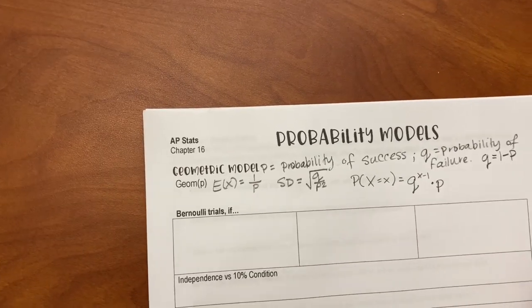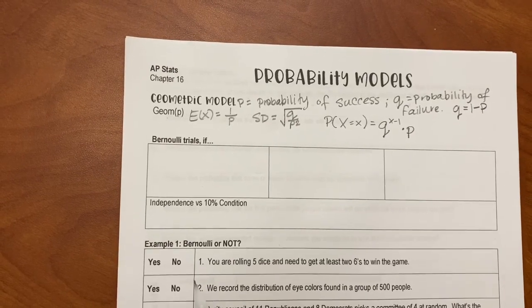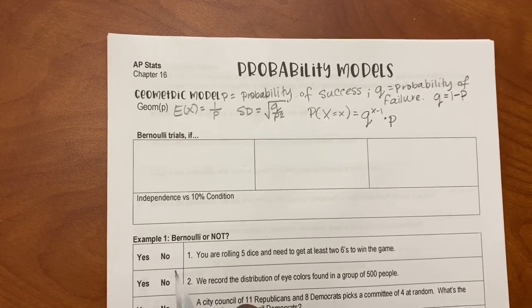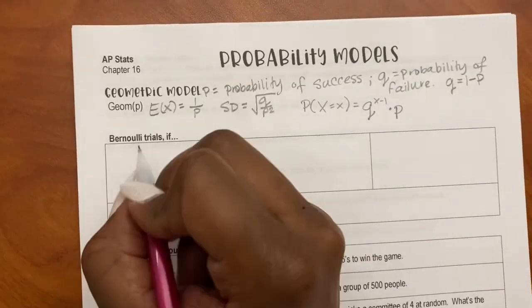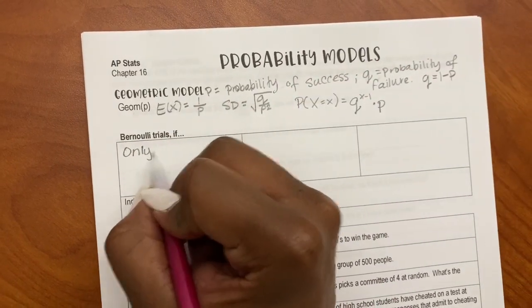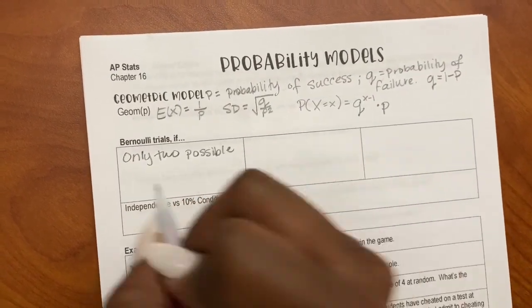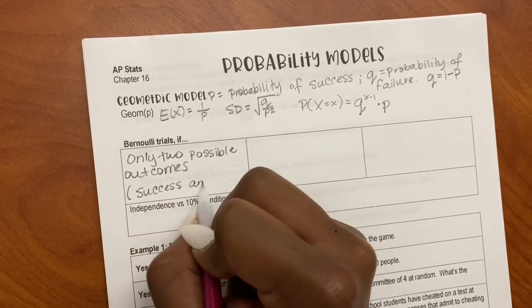All right. Okay, so then there are three things we want to check for to determine if it's a Bernoulli trial, in order for us to move forward with calculating our probabilities. The first is that there are only two possible outcomes. Those outcomes are either a success or a failure. That's the only two options that we have.